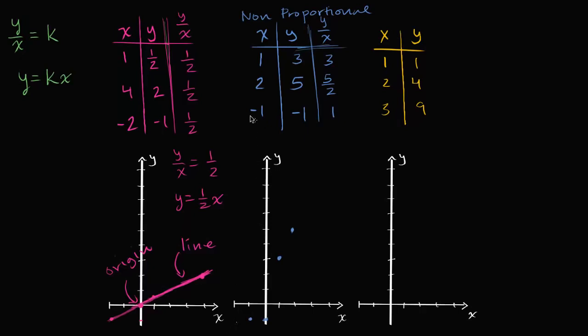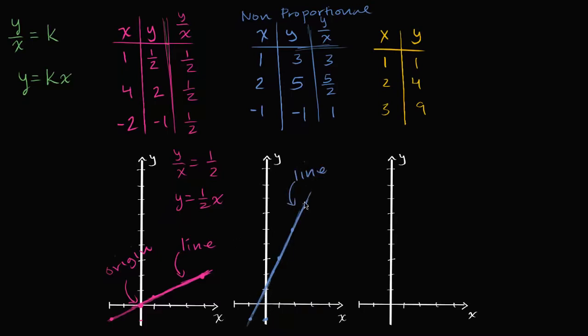And so if we give the benefit of the doubt that these are 3 points from a line, because it looks like I can actually connect them with a line, then the line would look something like this. So notice, this is linear. This is a line right over here, but it does not go through the origin.